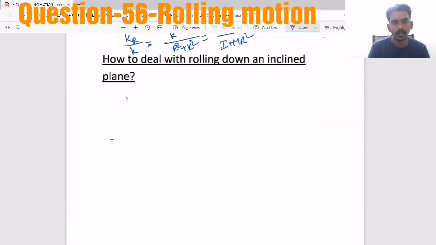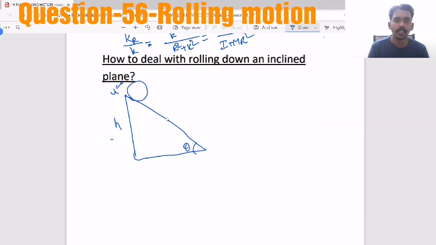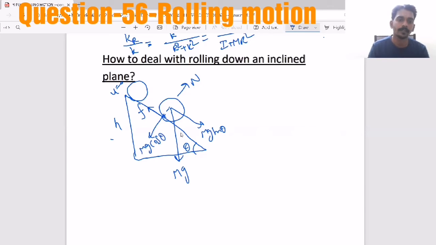Now, the most important thing for our entrance is when a body is rolling down an inclined surface. See here, when you consider an inclined surface of inclination angle theta, height h, and one body started rolling from rest, then at any instant there is mg, a normal reaction, and a friction which tries to prevent slipping. If you take the components, this will become mg sin theta and this will become mg cos theta.